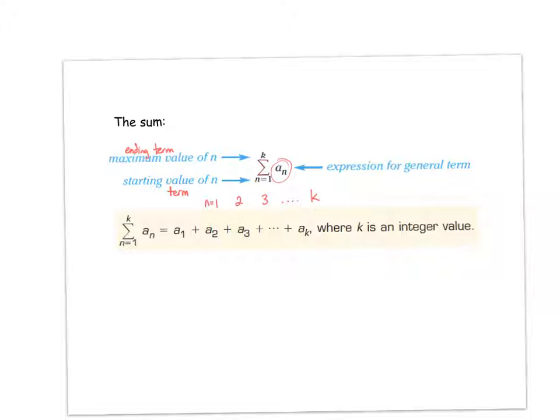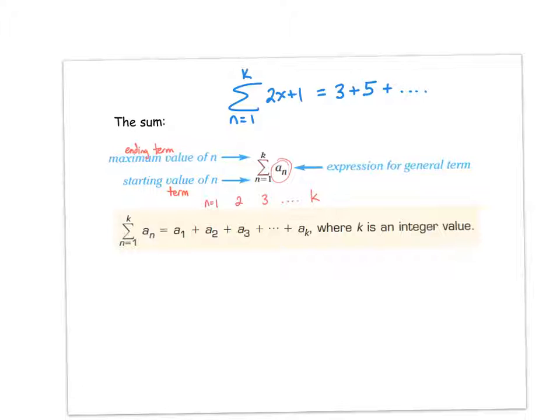Okay, so if you had something like the sum as n equals 1 all the way up to k of a sub n, which could be 2n plus 1, then if I plug in 1, I get 2 times 1 plus 1, which is 3. Plus, if I plug in 2, I get 2 times 2 is 4 plus 1, which is 5.